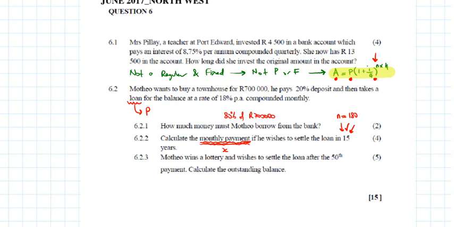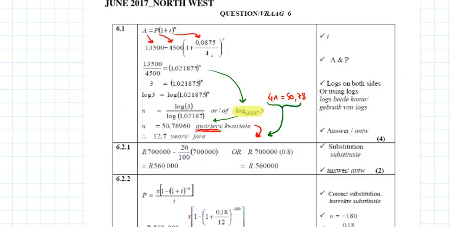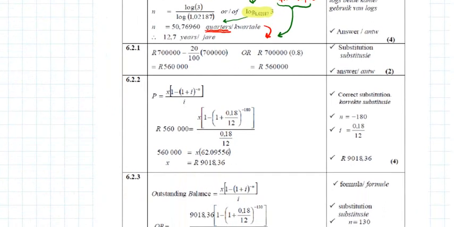If we look at the memo, how it goes, these are the marks that we can obtain. Correct substitution with the formula, n is 180, because 15 times 12. We must divide the interest rate by 12, which is given, and it's just finding x. x is the question.